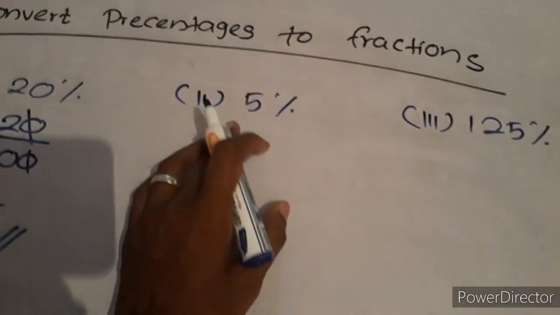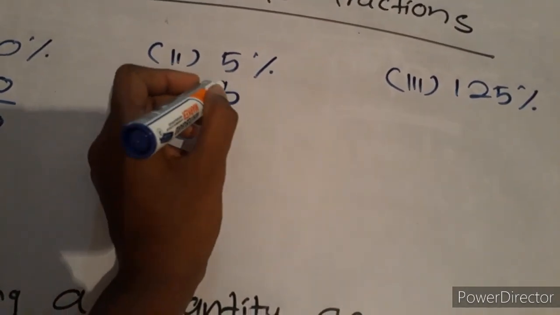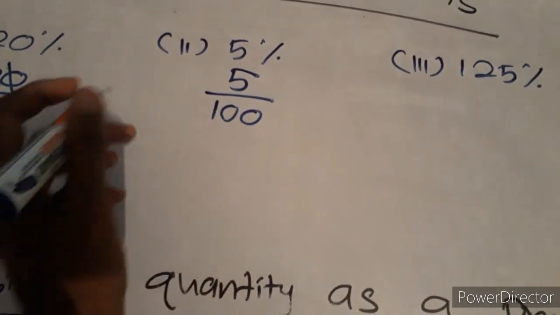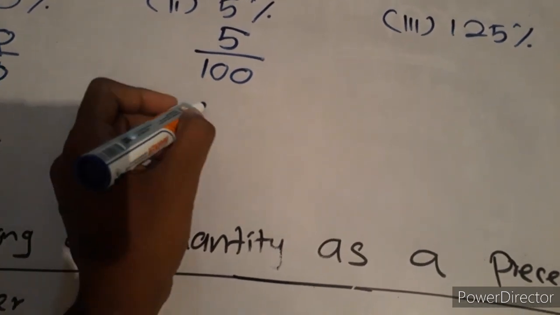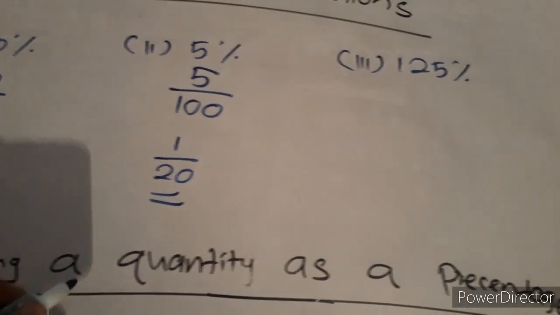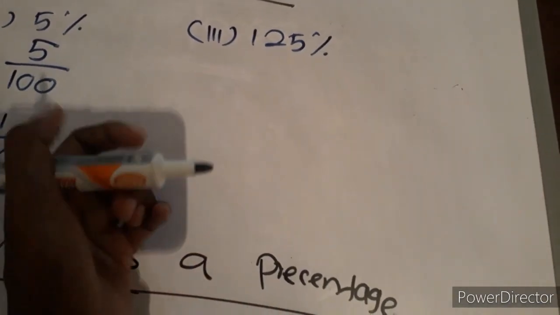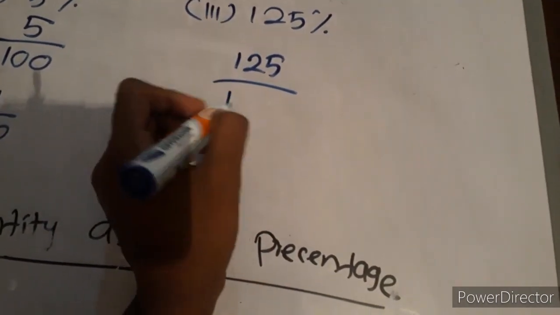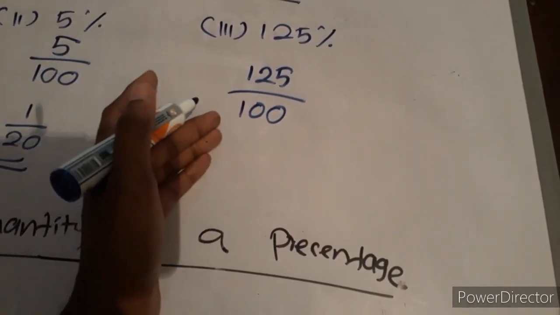Next one is 5%. So how to write it? The value as the numerator and 100 as the denominator. Then we divide it, so it becomes 1 upon 20. Next one, 125%. The numerator is 125, the denominator is 100. Now simplify this.